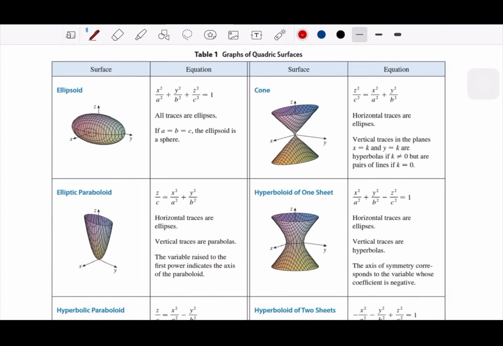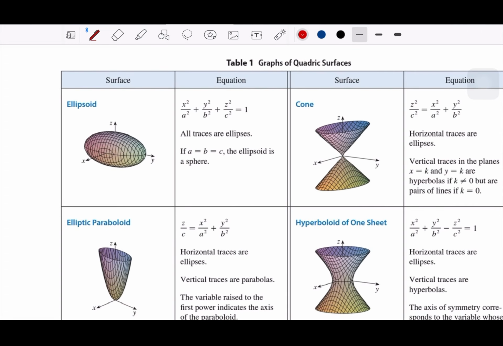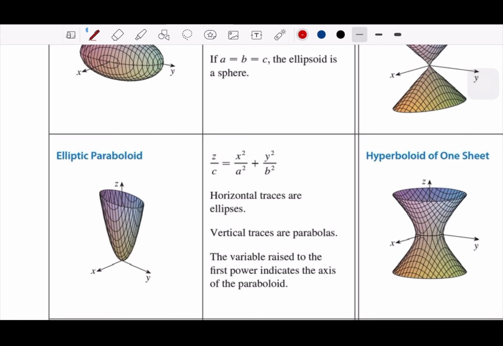We have also the cone, we have the ellipse, and if we trace the cone, we have the plane x equal k and y equal k. So we can see how all the surfaces have each their own unique property represented in the equations.